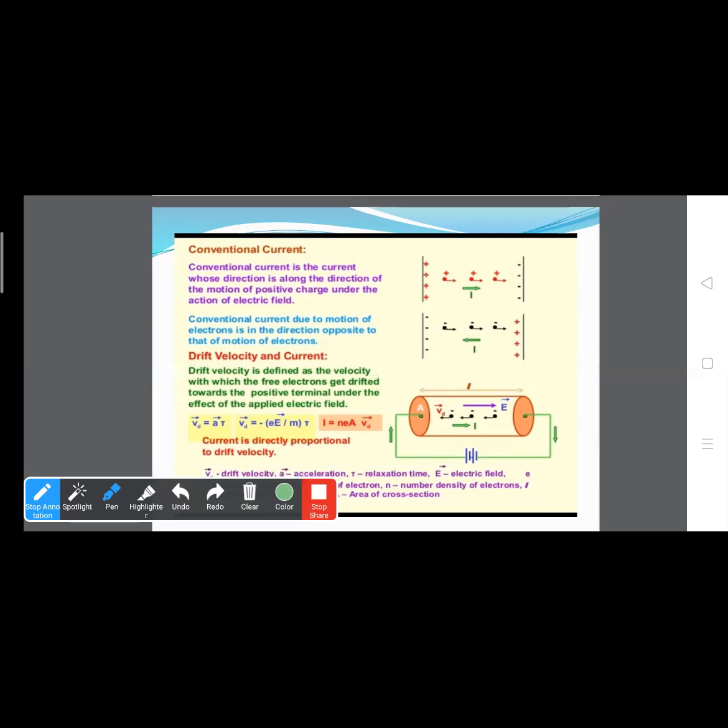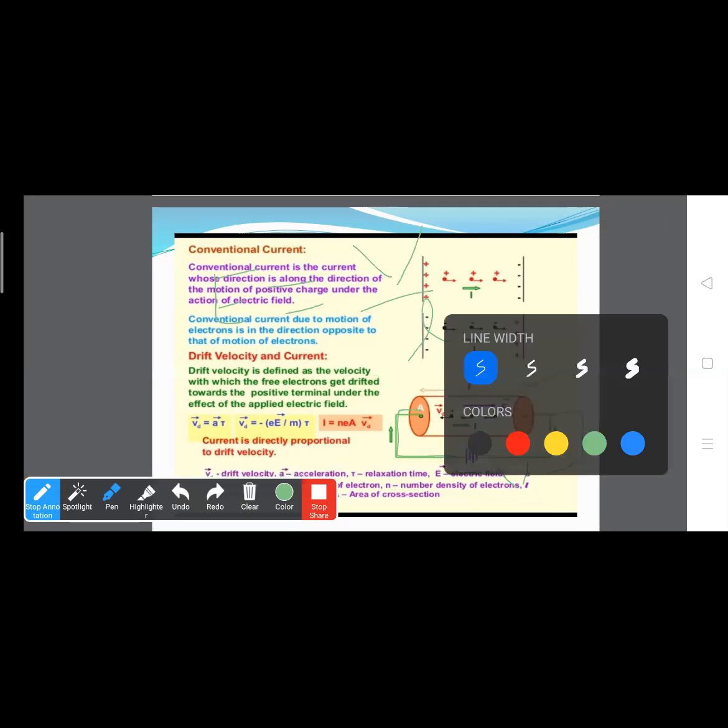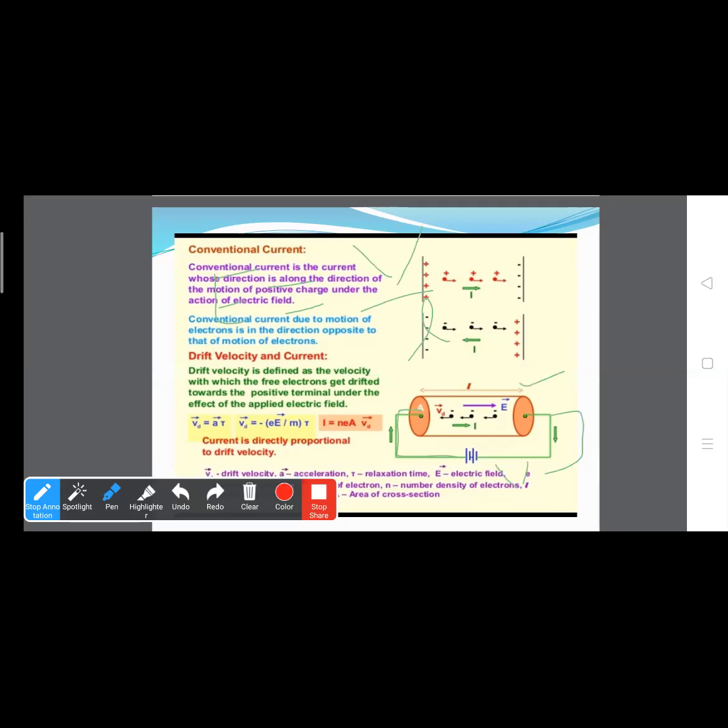So from this figure, V is the potential difference applied across the ends of a conductor of length L. Clear? The magnitude of the electric field set up is given by E = V/L. We already know this formula, right? Okay.